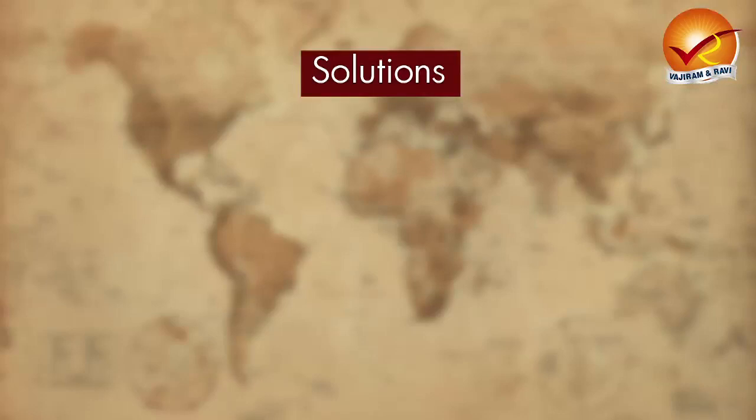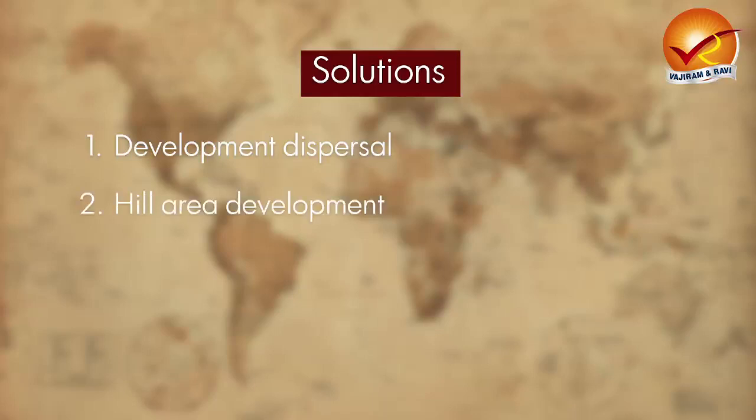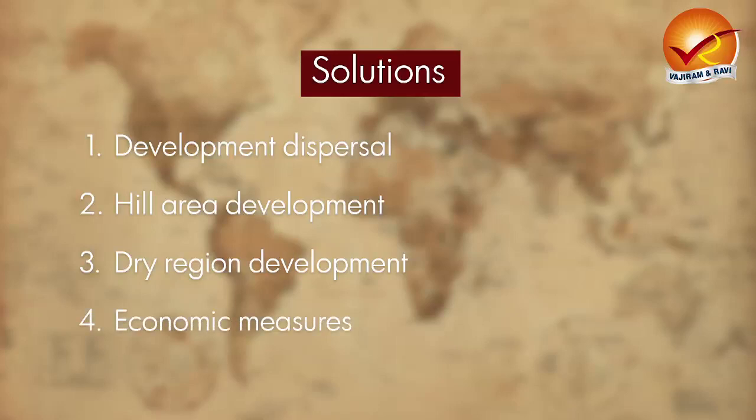The solutions can also have geographical concepts, like development dispersal, hill area development, or dry region development. You can talk about some economic measures also, like policies that discourage import of gems, policies that manage the fall in the currency level of the rupee, but keep that less because we want the answer to be more around geography.